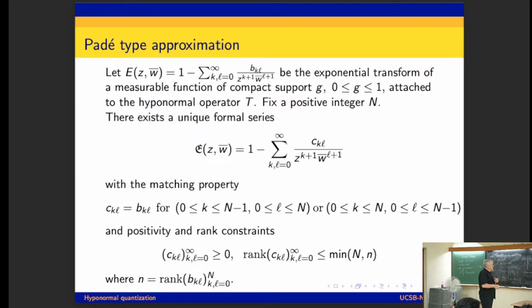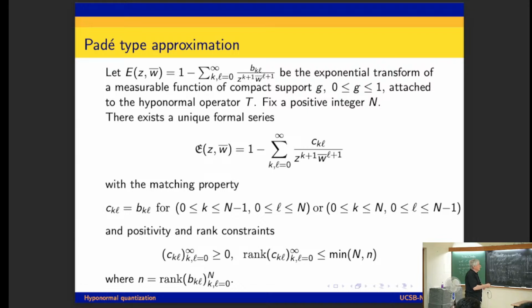And so you see, we truncate in a rather non-uniform way here. We take out the upper right corner in the matrix. And if we put a condition here, there exists a unique series which approximates this.